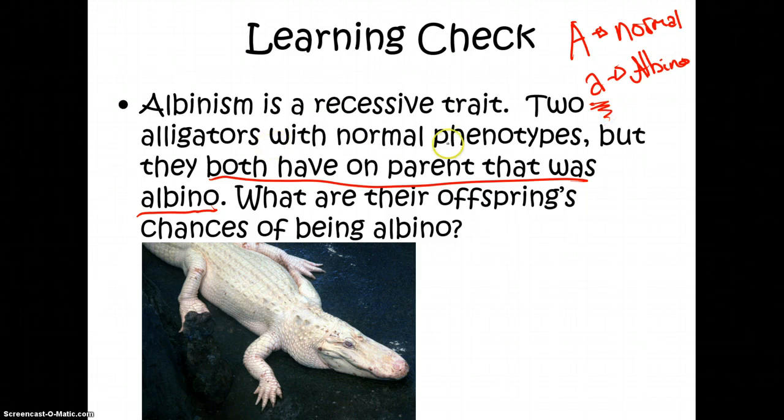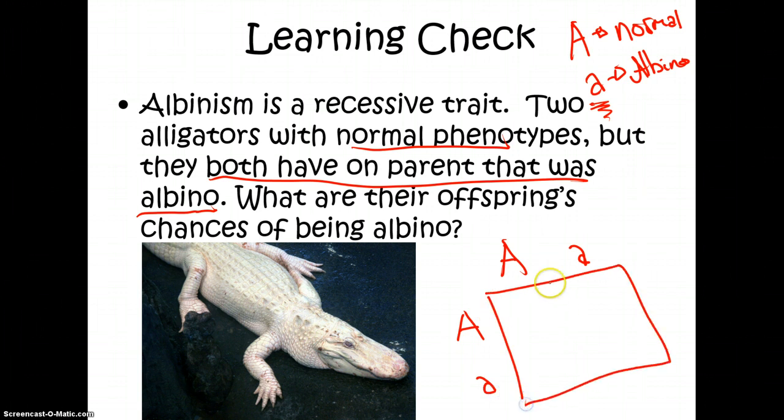However, since the alligators were normal, each parent has to have a big A. So we'll do mom's genotype first, big A, little a, and then dad's genotype over here, big A, little a. So we have two heterozygous parents.